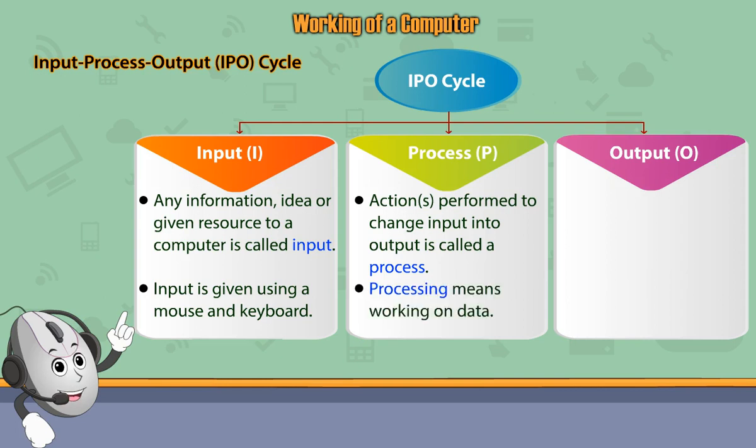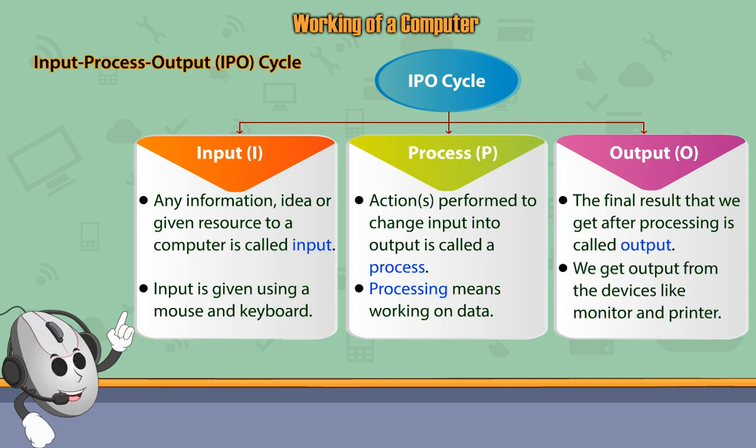Processing means working on data. Output O. The final result that we get after processing is called output. We get output from devices like a monitor and printer.